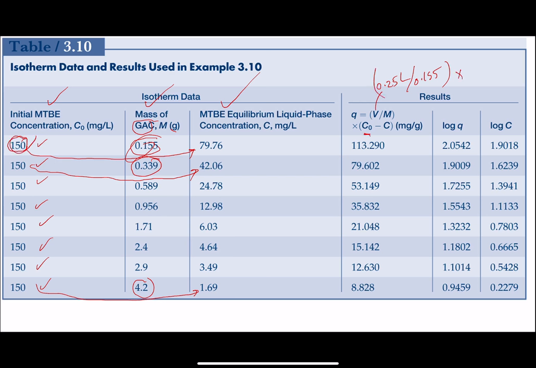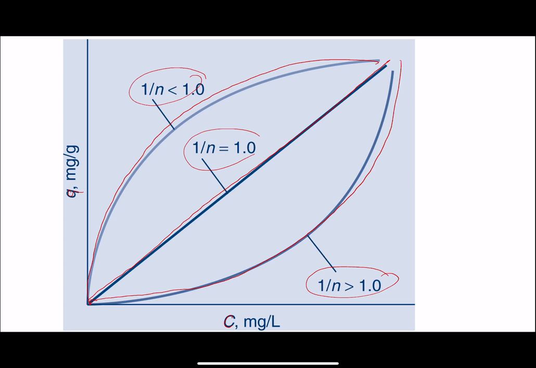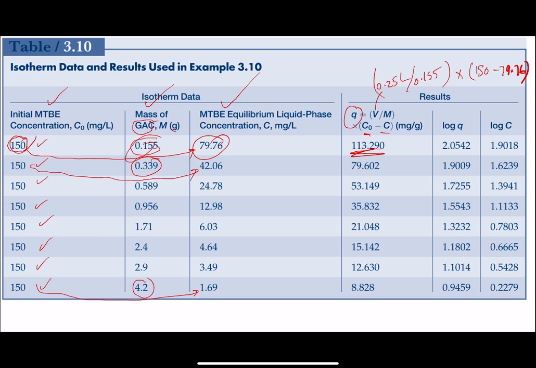C naught is 150, minus 79.76. So this will come. This is the small q. Remember the graph? It is C versus small q. So now we will have a small q for each one of these flasks.